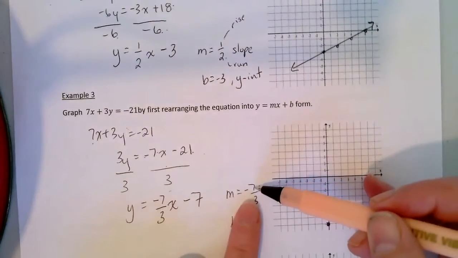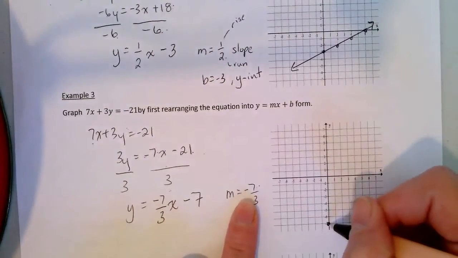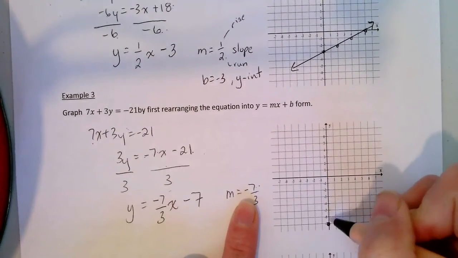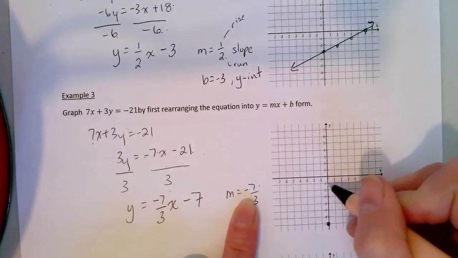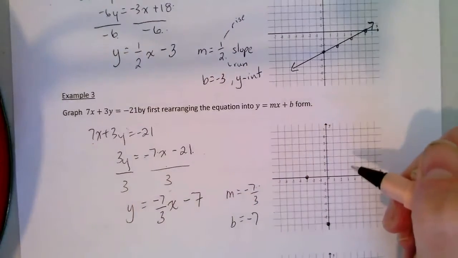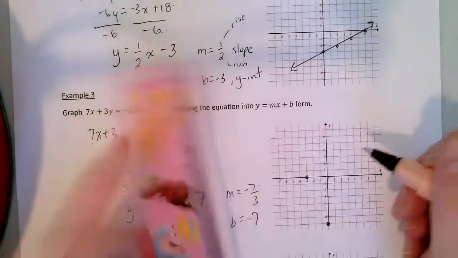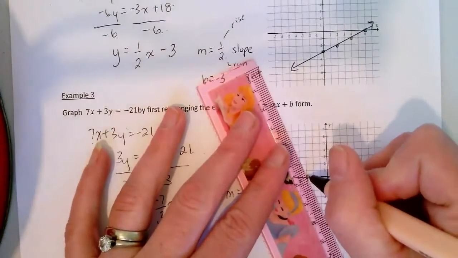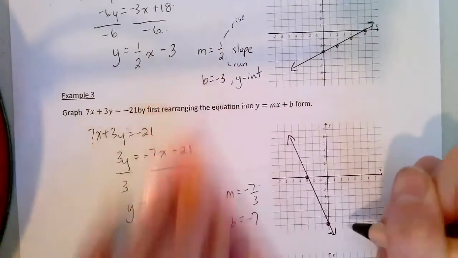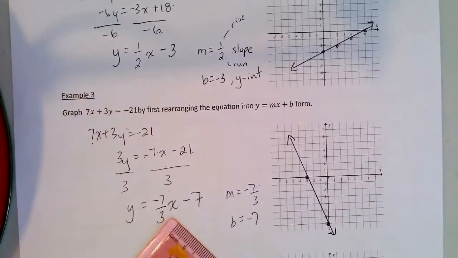So instead of going down 7, I'm actually going to go up 7. So there 1, 2, 3, 4, 5, 6, 7. And I'm going to go backwards 3. And there we go. And now we can continue that pattern, and we have points that we can graph. And we can actually see the x-intercept and y-intercept on this particular graph.